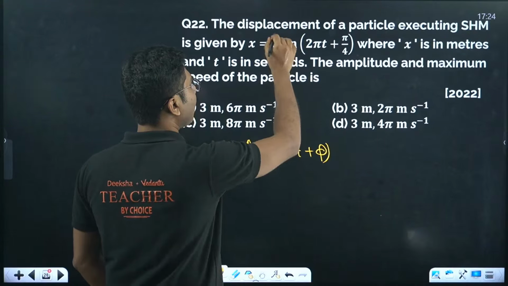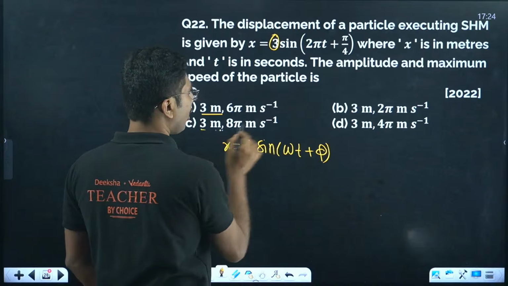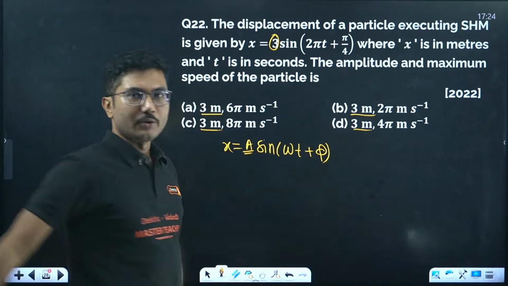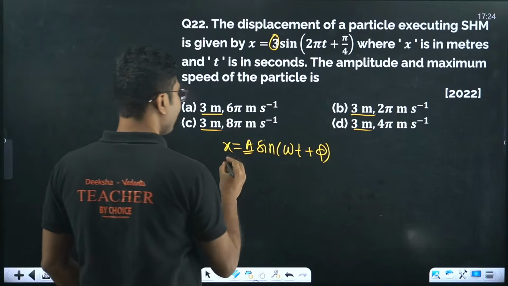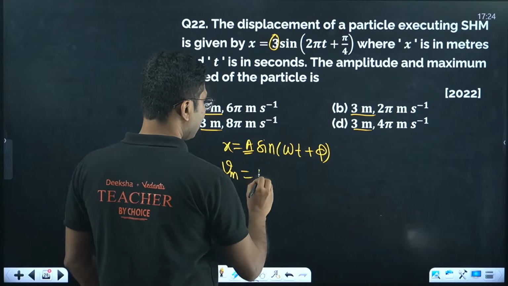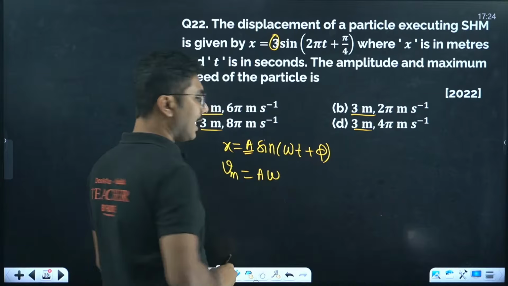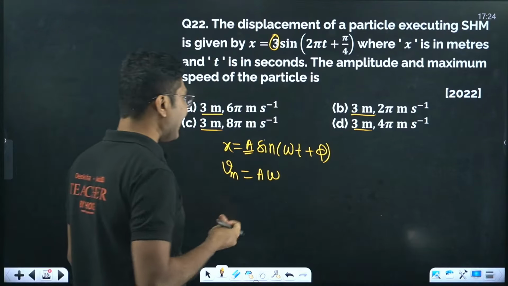So you can see the amplitude is 3. In fact, I don't know why they have given this option of amplitude. All the options have the same amplitude because amplitude is fixed. What about maximum speed? Basically this question is asking you about maximum speed. The maximum speed of SHM is given by A into omega.